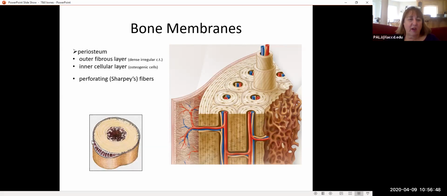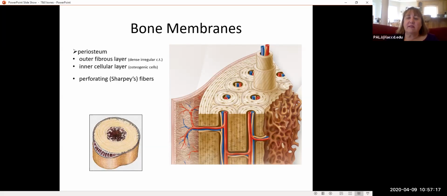If you pull the periosteum off the compact bone, you can clearly see these fibers. These are either called perforating fibers because they perforate into the bony lamella, or Sharpey's fibers. If you look at the models of the osteon for lab, there's a really good model where you can see these perforating or Sharpey's fibers.